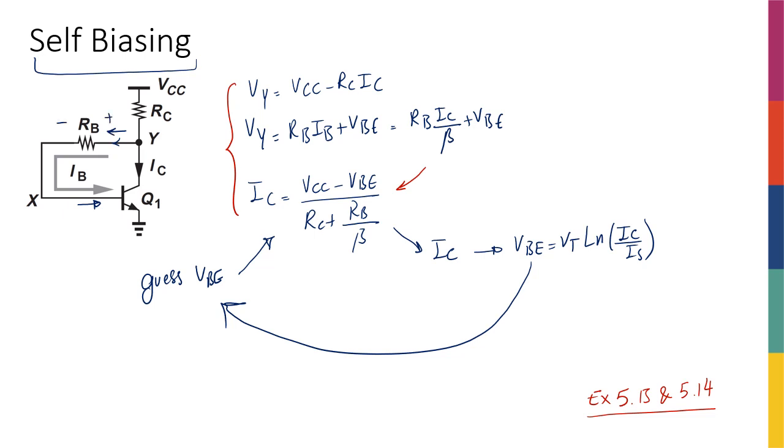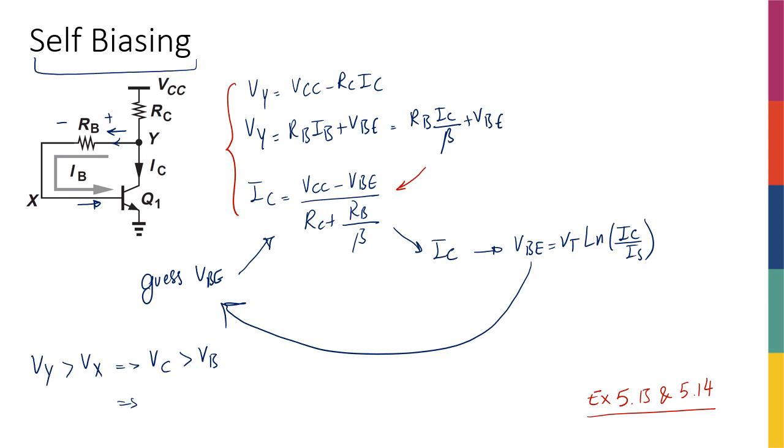Therefore, I can be sure that Vy is always greater than Vx, simply because the current is in that direction. Therefore, there's a voltage drop on RB. And knowing that Vy is the collector voltage and Vx is my base voltage, I can be always sure that V collector is always greater than V base.